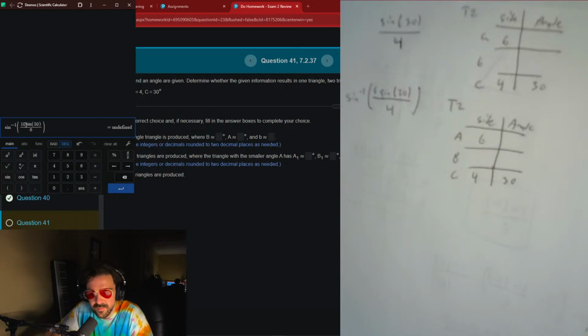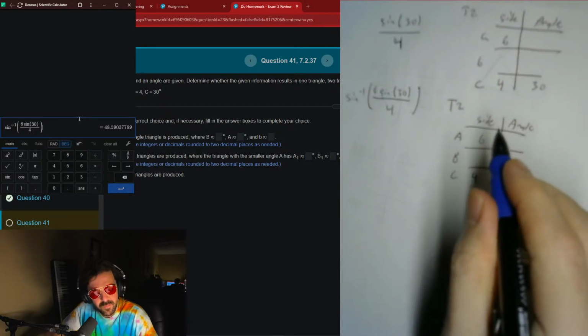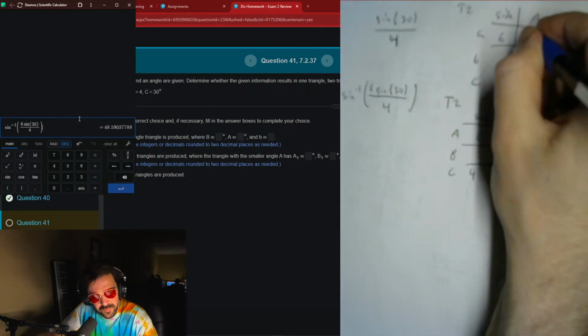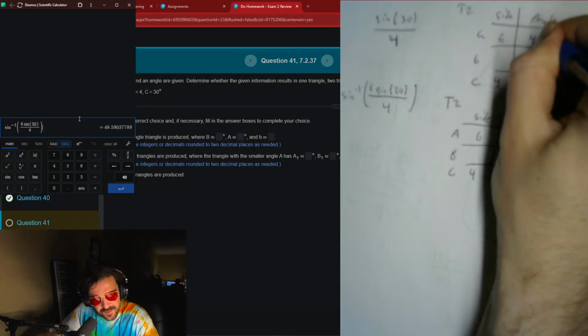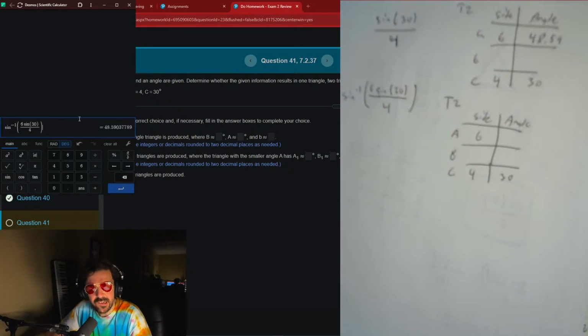So change this to 6, this to 4, this to 30. All right, we got an angle. What am I rounding to? 2 decimal places. So 48.59 for our first triangle.